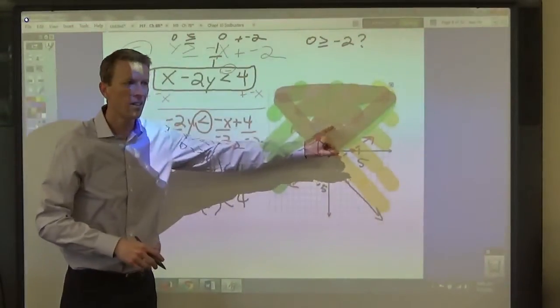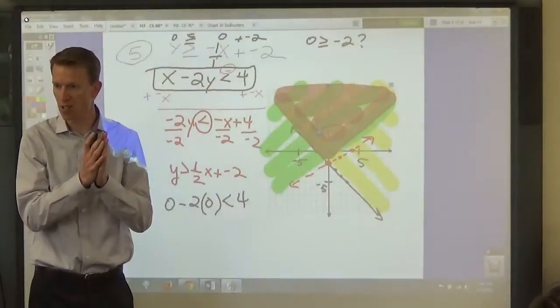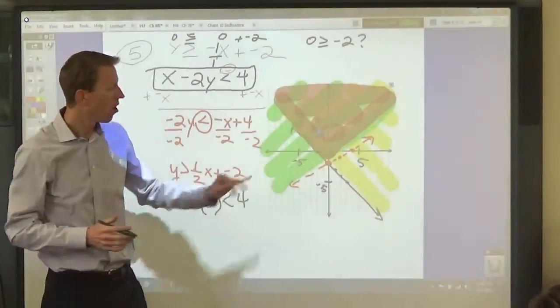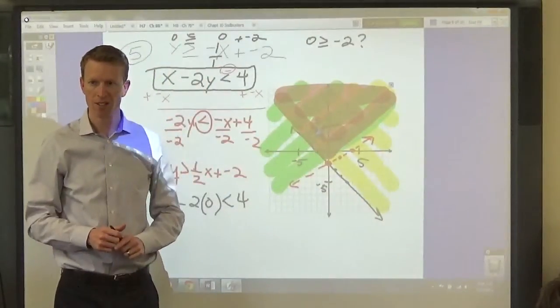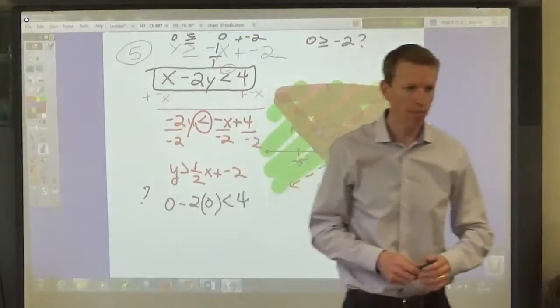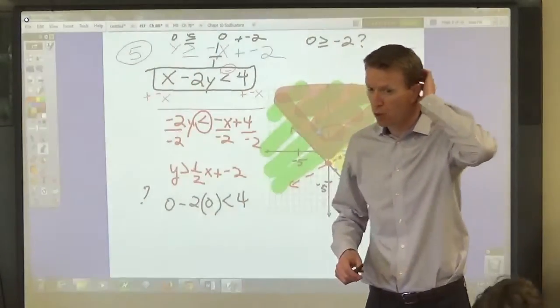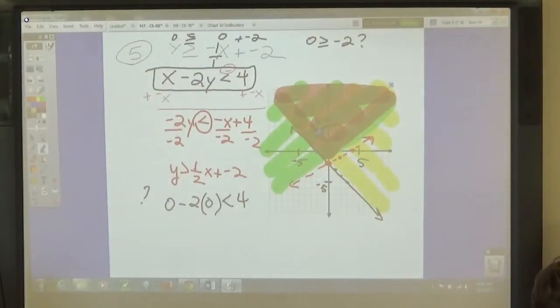The area, the region that has 2 colors is the answer. Okay? All of these areas have less than 2 colors. The overlap is the answer. The overlap makes both equations true, or gives you a true statement when you plug in those points.